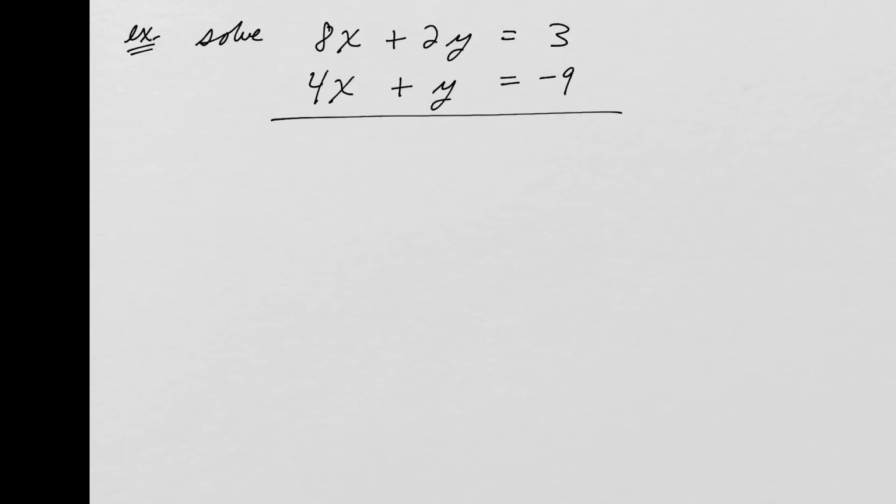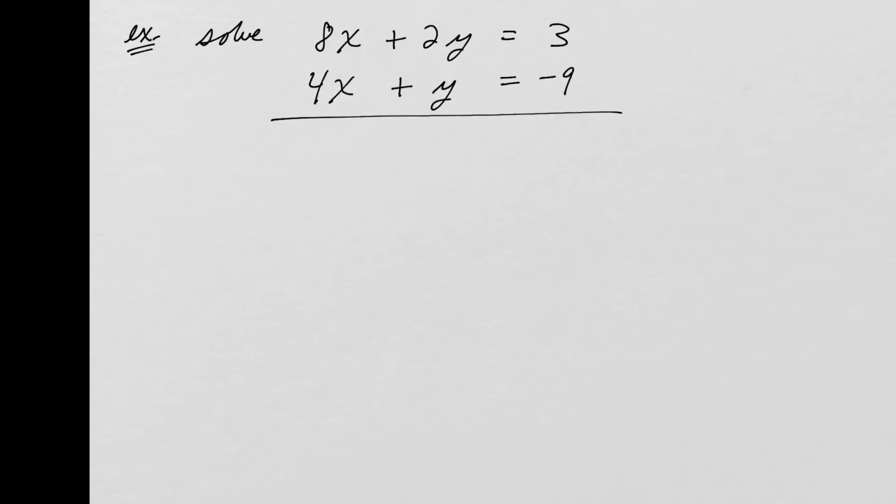Let's say I want to solve this system: 8x plus 2y is equal to 3, and then 4x plus y is equal to negative 9.